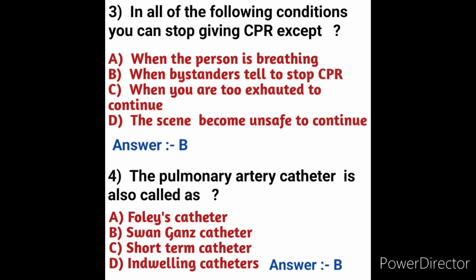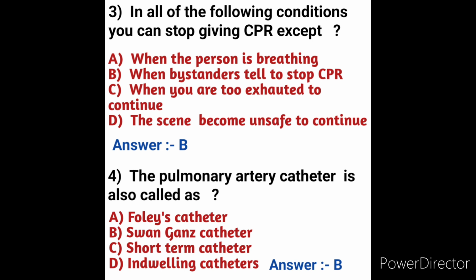Option A, Foley's catheter. All of you know about it. This is urinary catheterization. What is the Swan-Ganz catheter? It is also called right heart catheterization or pulmonary artery catheterization.